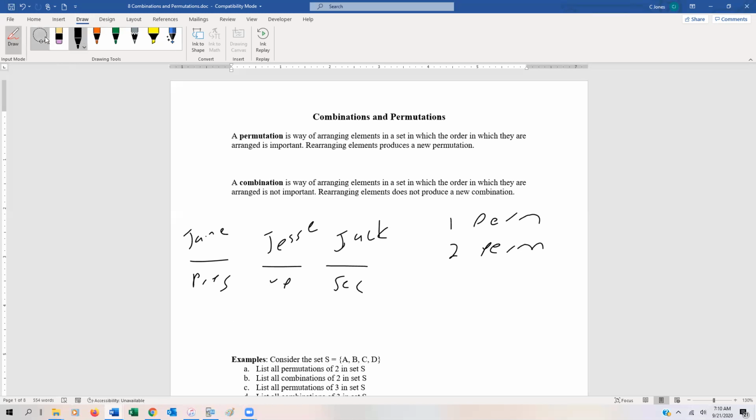Let's say Jane and Jack flip. Jane doesn't want to be the president anymore and Jack does. That's another permutation. So permutation basically means that the order in which they are set up is important.